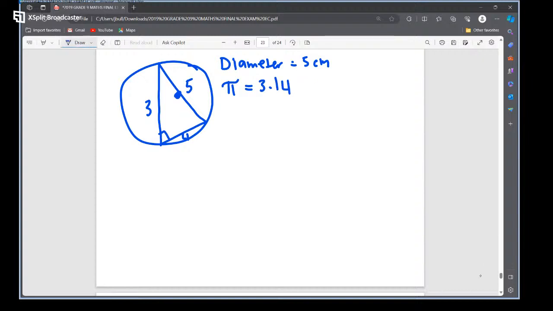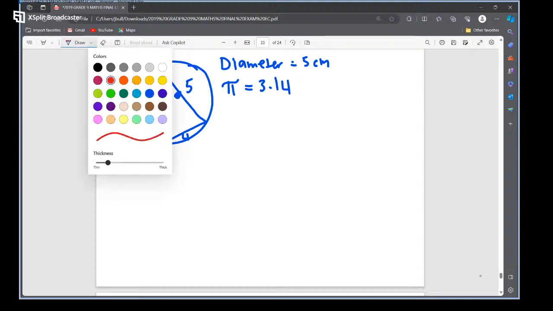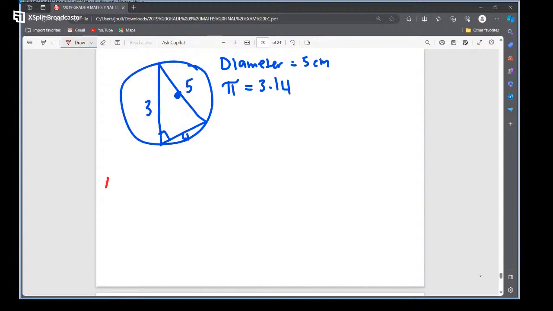Okay, so first of all, let's work out the area of the triangle. Again, this is something that you get a mark for knowing this formula. So let's work it out here. The area of any triangle is always a half times the base of the triangle times the height of the triangle.